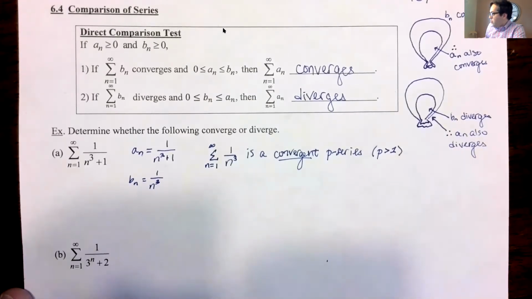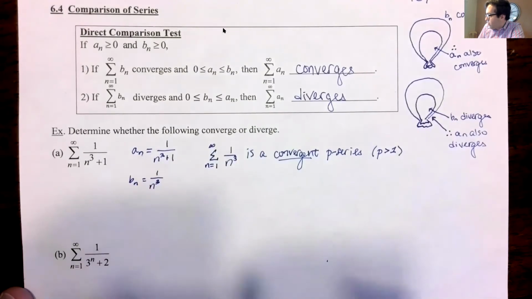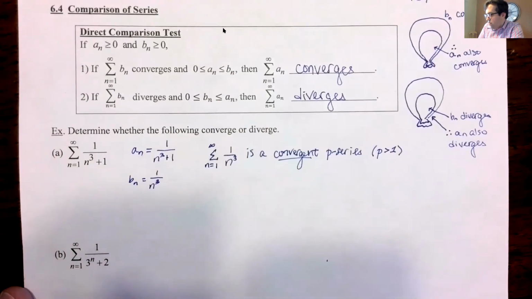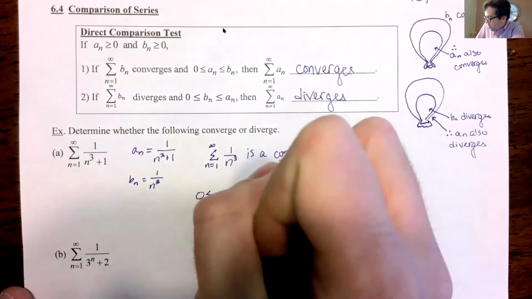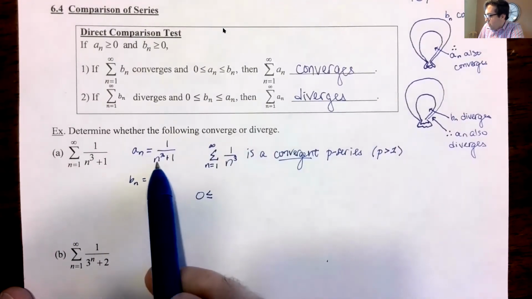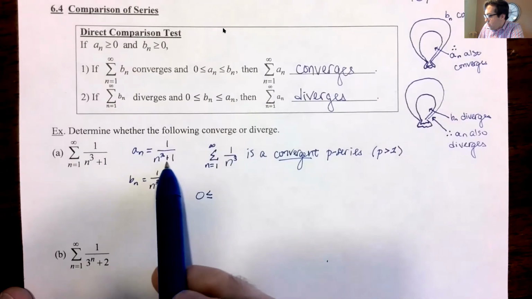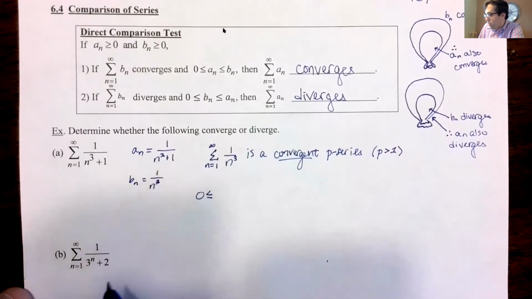And now I'm going to say, okay, well, what can I say to compare these two? And first of all, they're always going to be positive. So I can say 0 is less than or equal to... which one of these is smaller? Well, this a sub n's denominator is always going to be 1 larger than the b sub n. And a larger denominator means a smaller fraction.